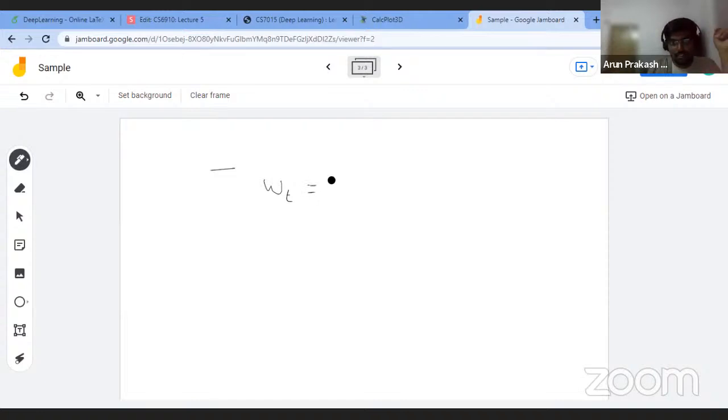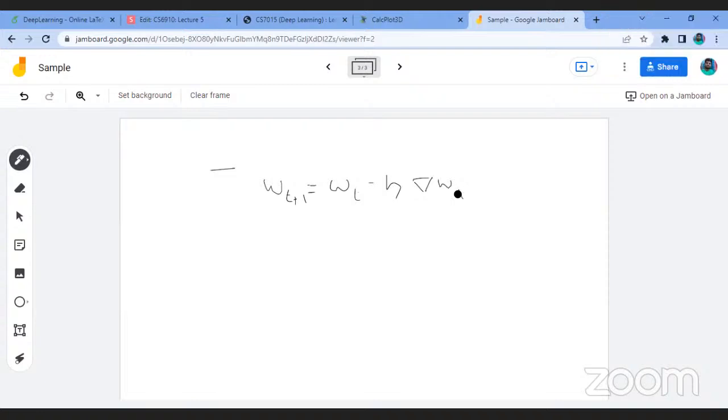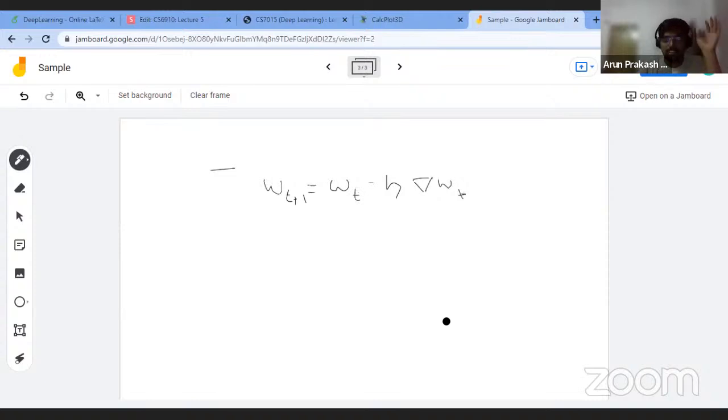Okay, Aditya, we have this equation, right? W_t plus 1 equals W_t minus eta times the gradient of W_t. This is general stochastic gradient descent, general gradient descent.